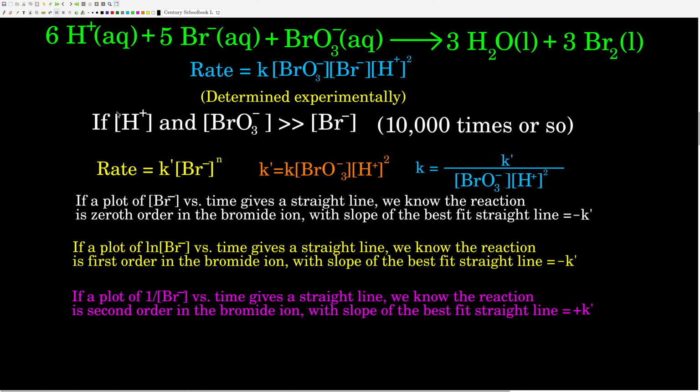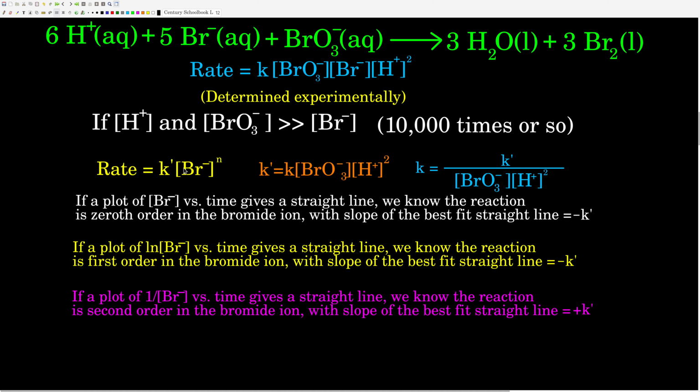What that means is, because the concentration of bromate and hydrogen ion essentially does not change, because there's so much of those that the amount that changes is lost in the significant figures, the rate is basically equal to some constant times the concentration of bromide, where that constant is equal to the rate constant times the concentration of the other two species. And we'll call that K prime.